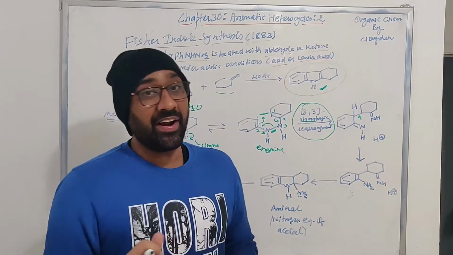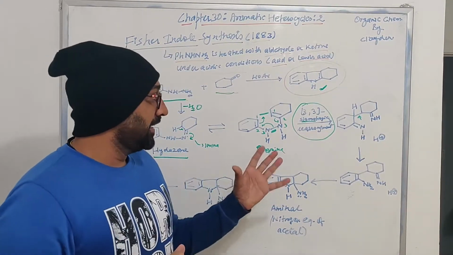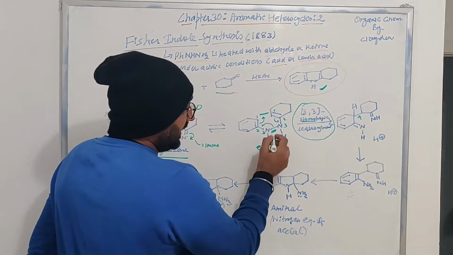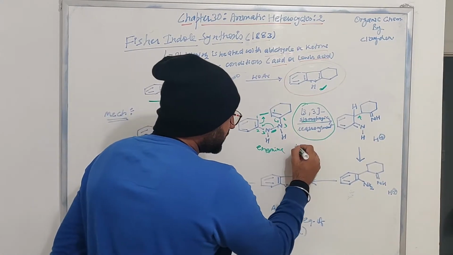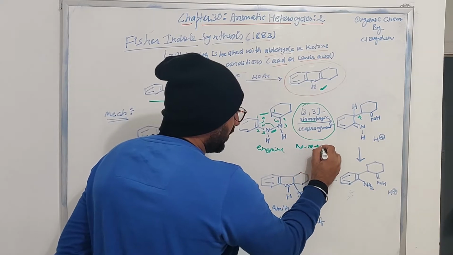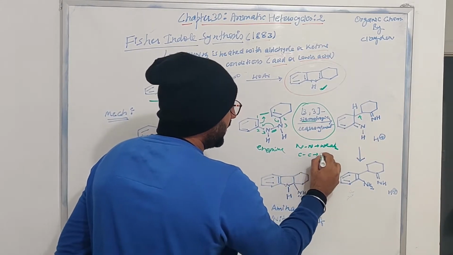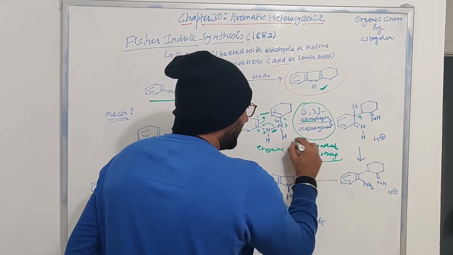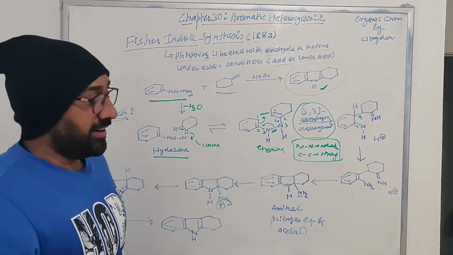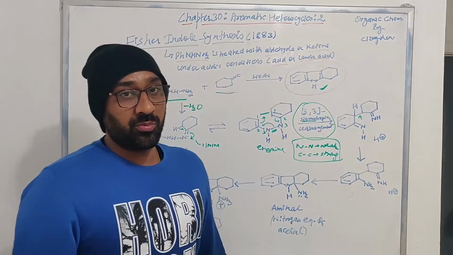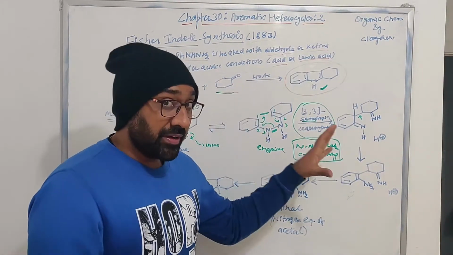Now what is the driving force for this particular reaction? The driving force is that at the expense of this weak nitrogen bond, we are forming a strong carbon-carbon bond, right? So that drives the reaction in the forward direction. That is the reason why this 3,3 sigmatropic rearrangement takes place.